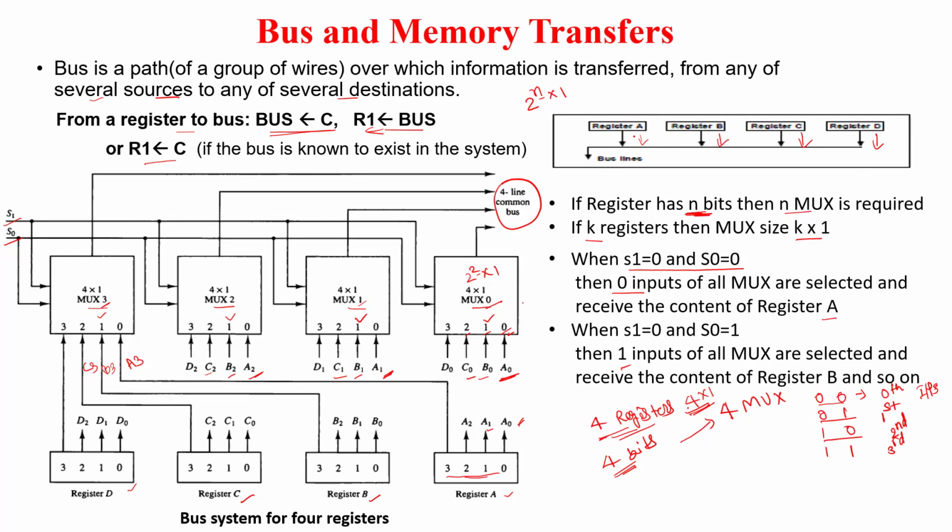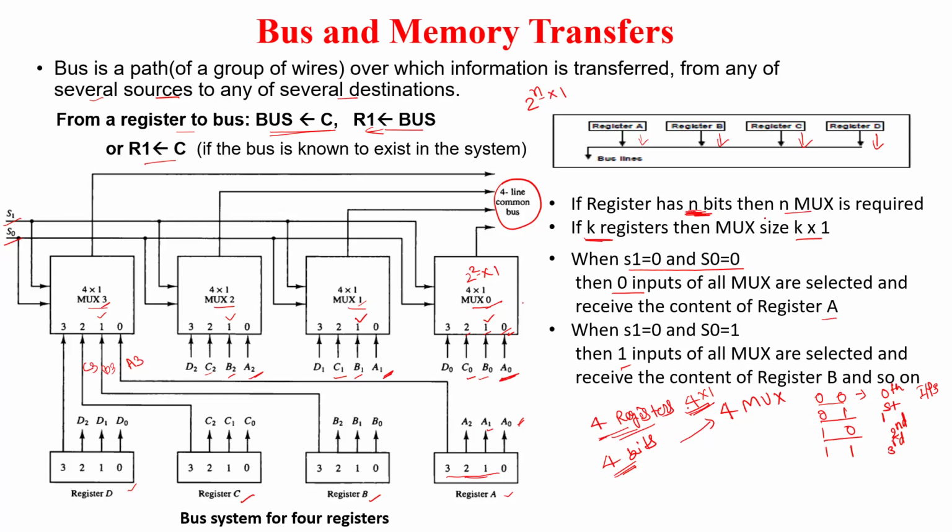The main important thing here is that you have to decide how many multiplexers we are going to use. The number of multiplexers is decided by the number of bits in each register, and the size of the multiplexer is decided by the number of registers. So that confusion should not come. N is the number of bits of the registers.